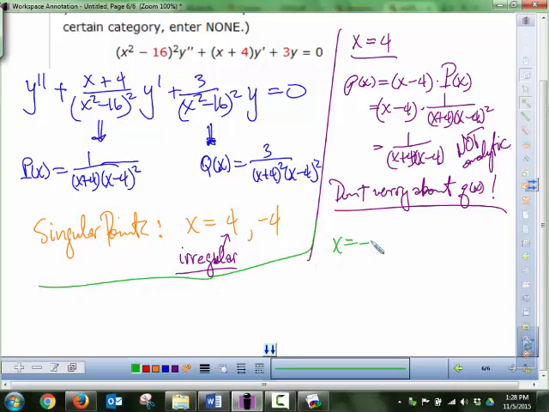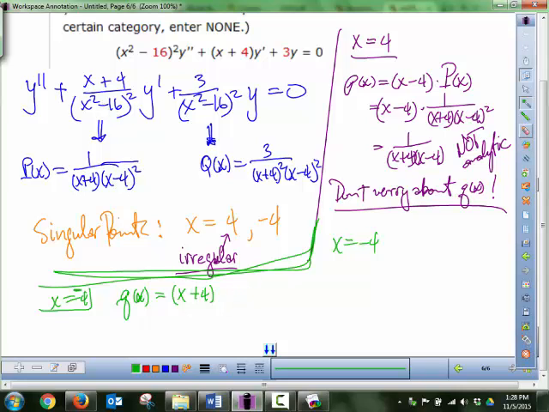X is equal to negative 4. So I'm going to start down here. X equals negative 4. We're going to do p of x equal to x minus negative 4, so that's x plus 4, times capital P of x. I'll do q of x if needed, but we should start off with p of x.